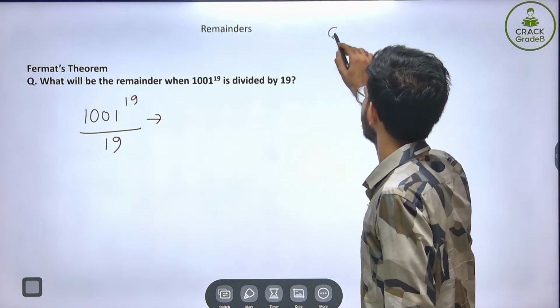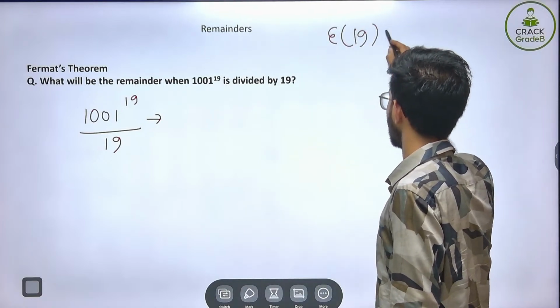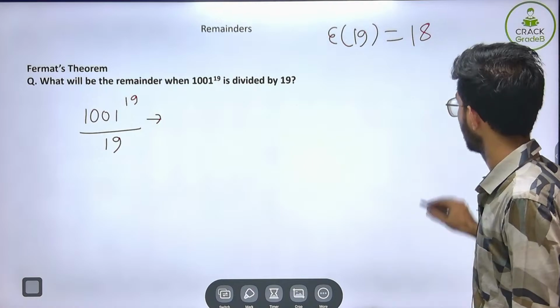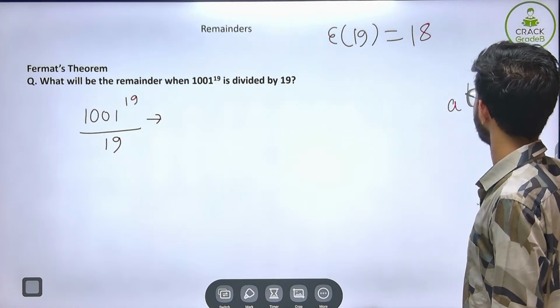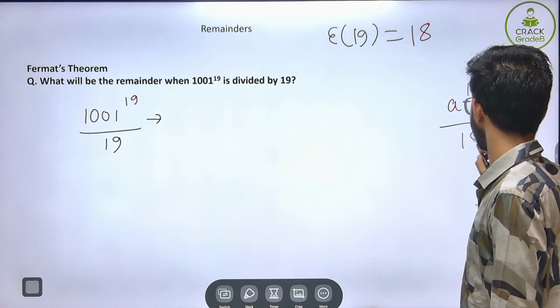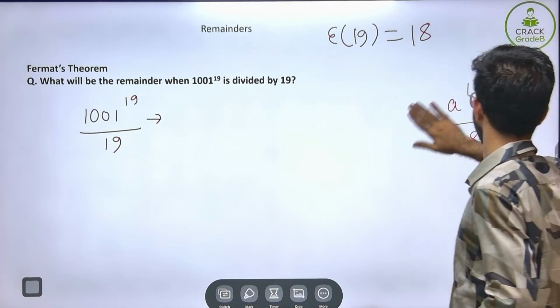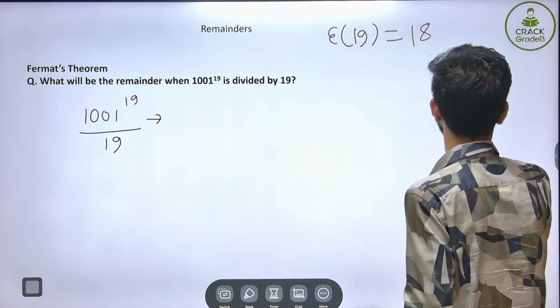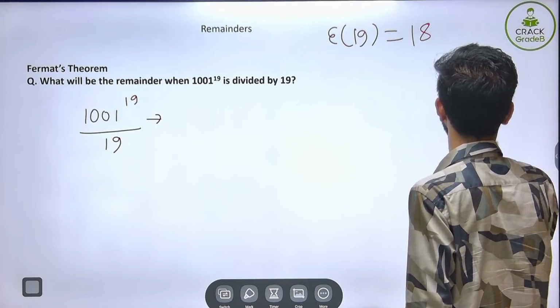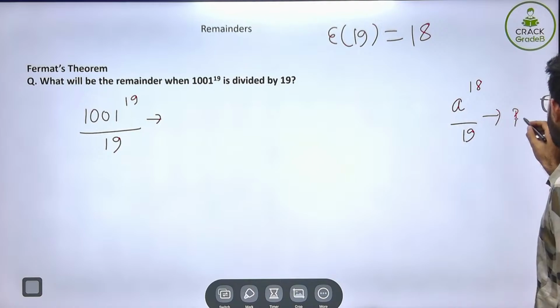So try to find the Euler number of 19. The Euler number of 19 is equal to 18. So if you divide a to the power 18 by 19, you will get remainder that is equal to 1. Why?